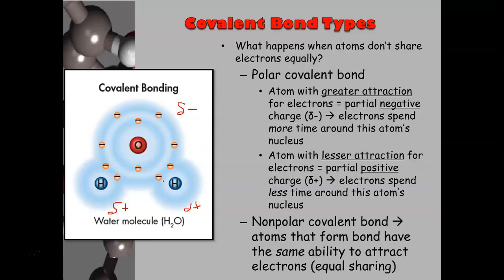And the reason being, they don't get to hang on to those electrons as much, so their proton, their positive charge in their nucleus, shines through a little stronger, and that's where that positive charge comes from. This is going to become really important when we start talking about water properties. So keep in mind, water is going to be sort of our classic example of a polar covalent bond.